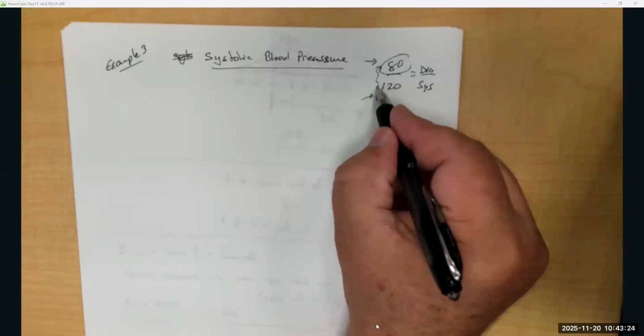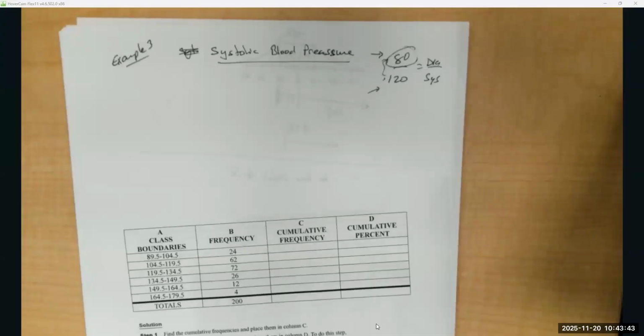The heart's not pushing the blood through there, so it means it's fully open. So the closer these are together and the lower they are, the more healthy you are. So that's what they're looking at whenever they tell you these things. Hopefully they know this. So with the systolic and diastolic, we have this information.